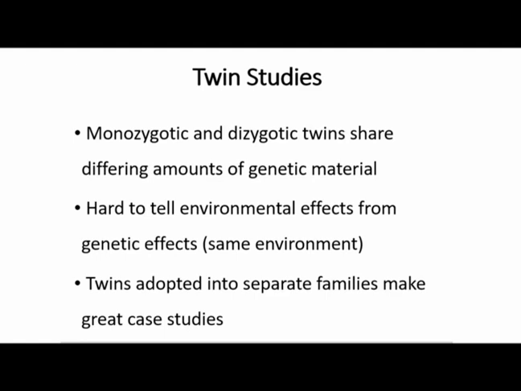So if we're looking at height, one twin being tall doesn't necessarily tell us that the other is going to be the same height. They might be sort of tall, but there's going to be a little bit more wiggle room, a little bit more variability. And so the correlation is going to be a little bit weaker there. So because the dizygotic twins share less genetic material, we should see a weaker correlation.